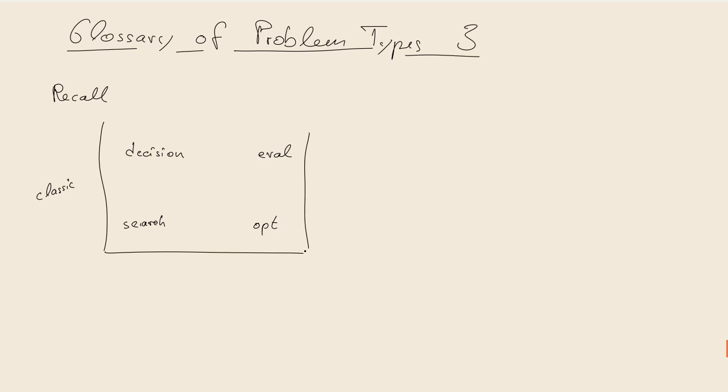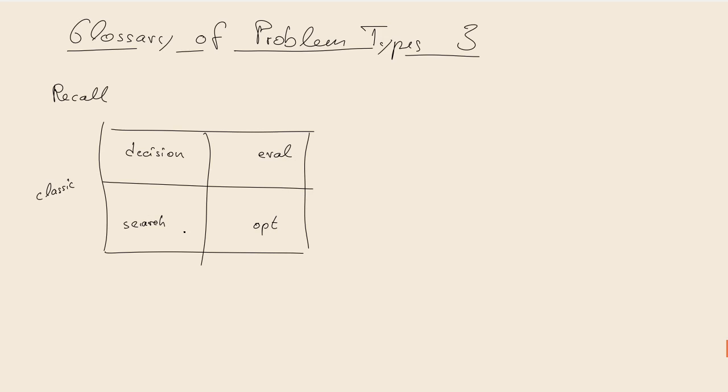So this was for optimization problems. We usually start with these in applications. That's where we want to find the best solution for a certain problem. And that solution has a quality, a cost. If you only compute the cost of the best solution, it's the evaluation problem.